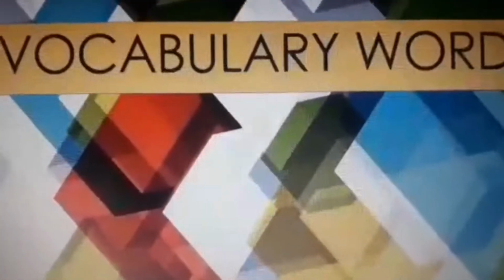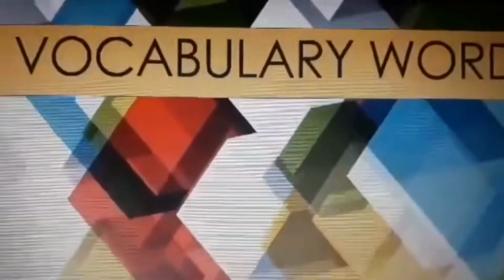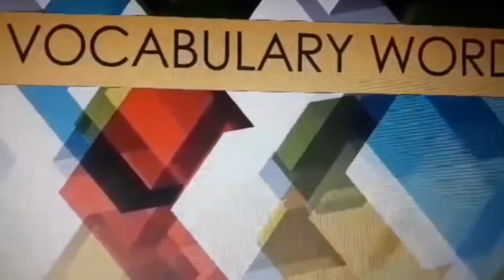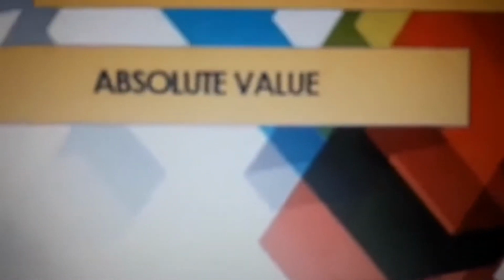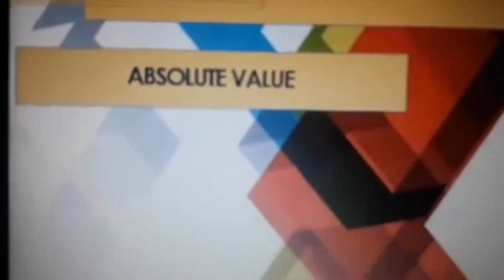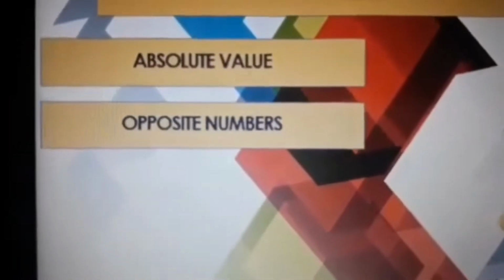Here are our vocabulary words in absolute value and opposite numbers. The first vocabulary word is absolute value. Second, opposite numbers. Next, we have integers. Another vocabulary word is units.